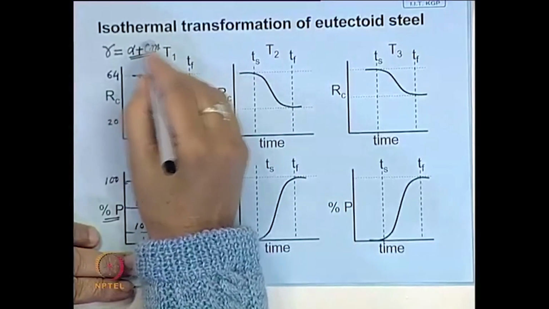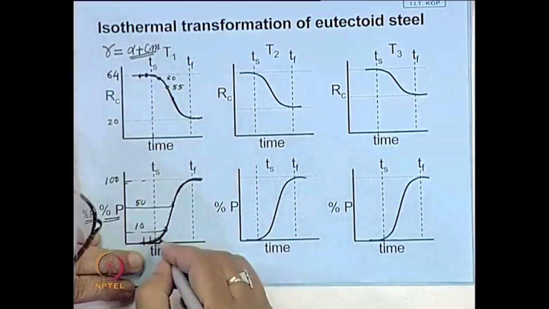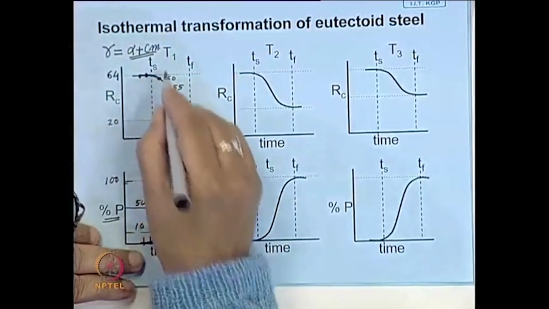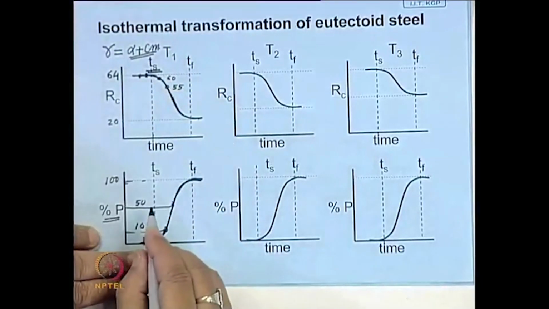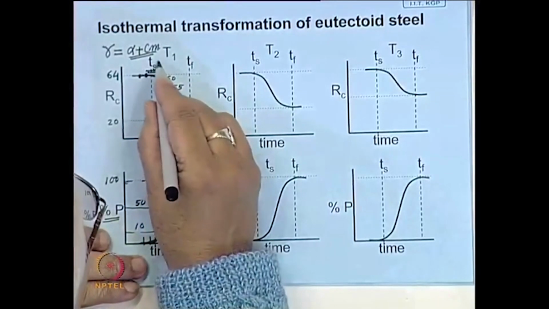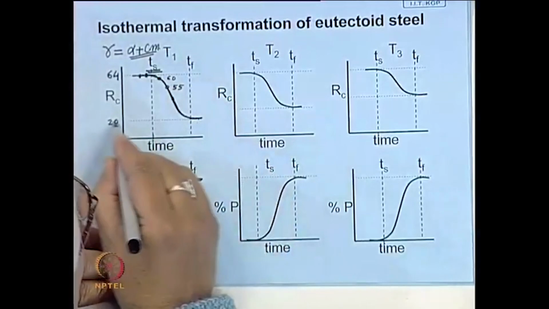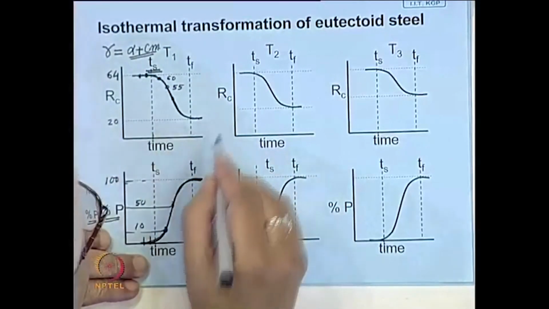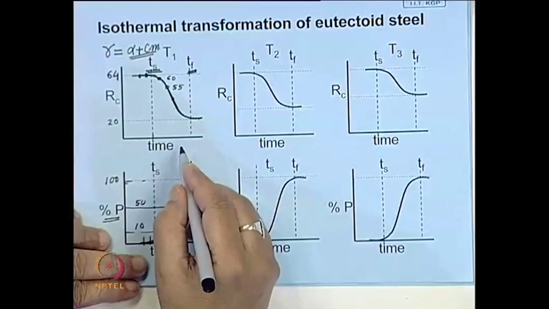This type of structure is called pearlite. So, formation of pearlite starts from here. We can say that Ts, the pearlite transformation, begins at this point, and similarly where it reaches 100%, that lowest hardness value, we say that here the transformation is complete.